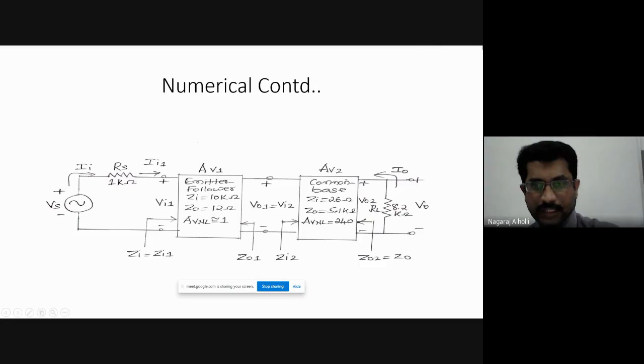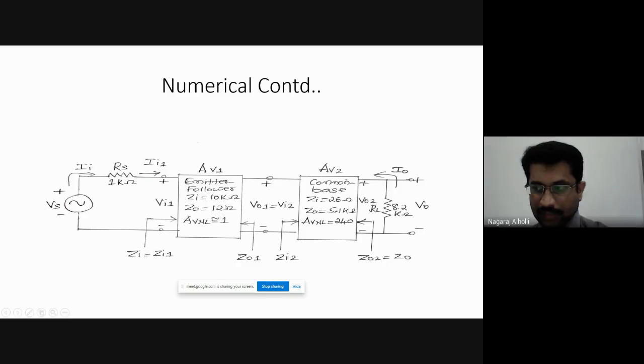That is the input impedance of the common base that acts as the load for the emitter follower. The input impedance of the common base amplifier acts as the load for the emitter follower circuit. Therefore, note down, RL will be equal to Zi2.